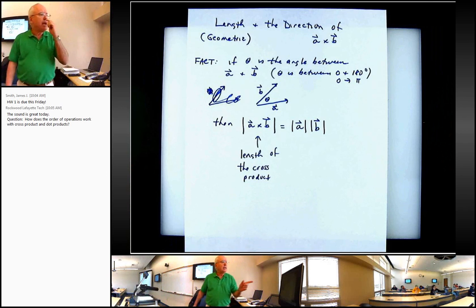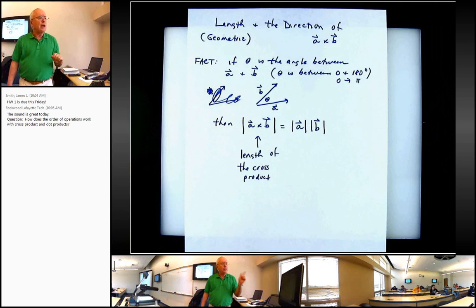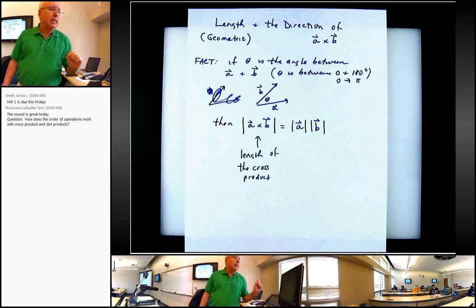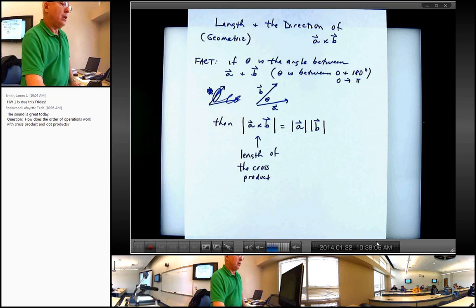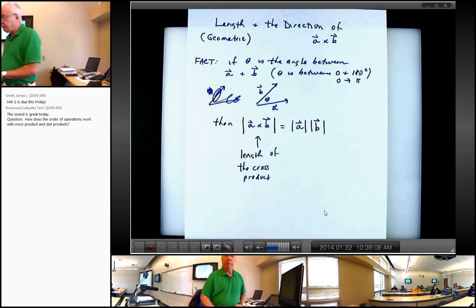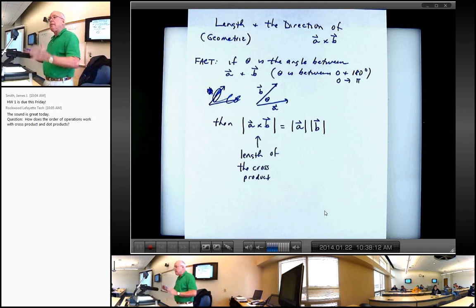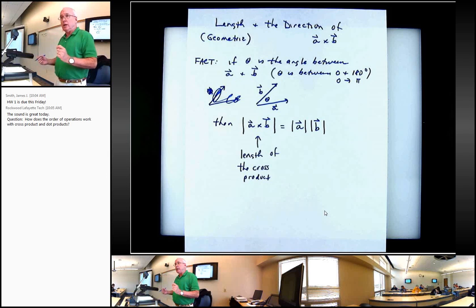I'll get to that about the order of operations. The question here is about the order of operations with the cross product and dot product, and I'm going to get to that in just a minute, okay? Let's go back here. All right, the length of this is the length of A times the length of B. So this is very similar to what we saw with the dot product, okay?